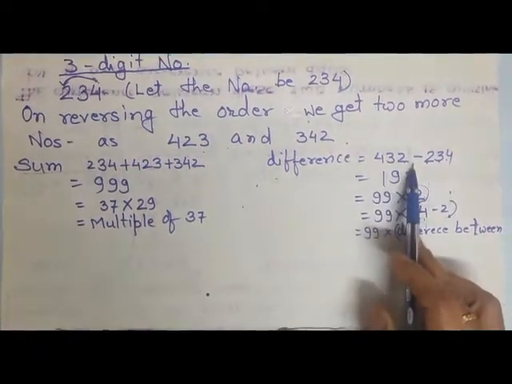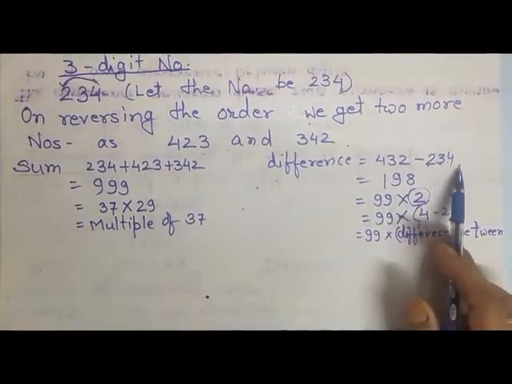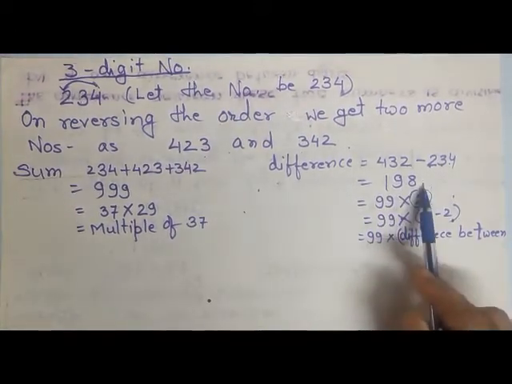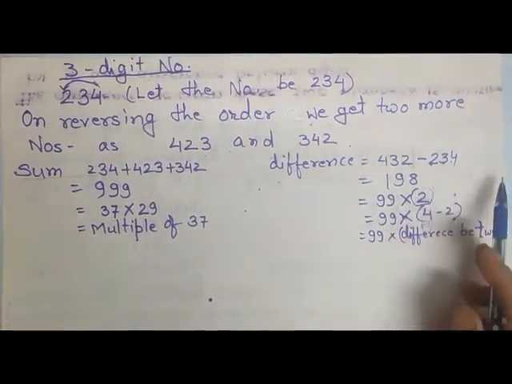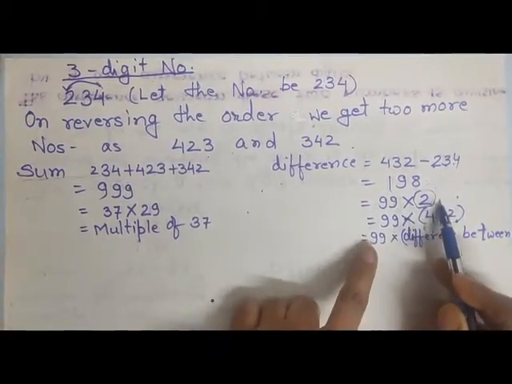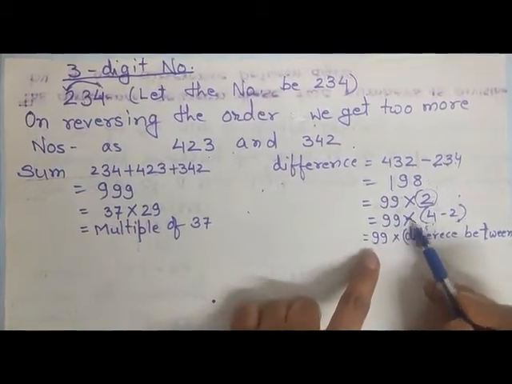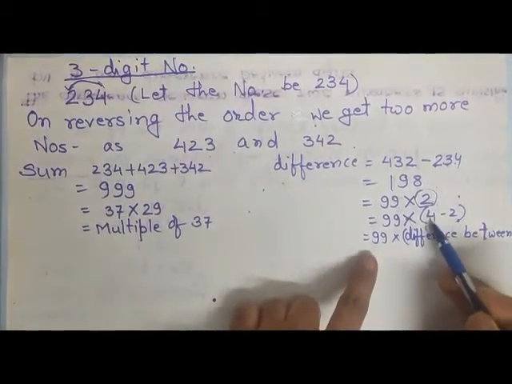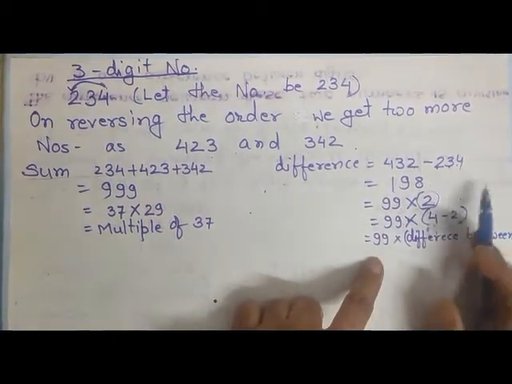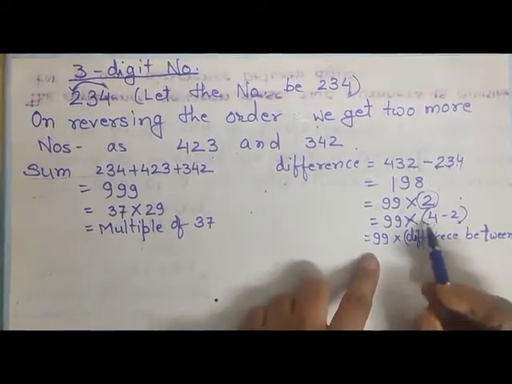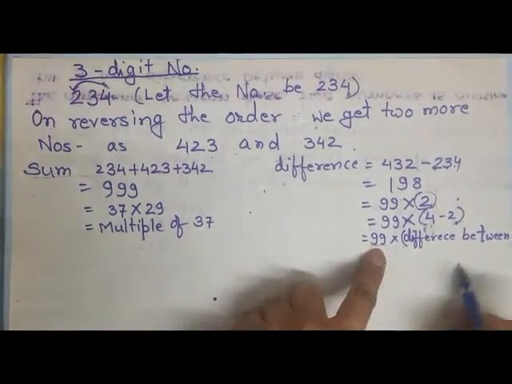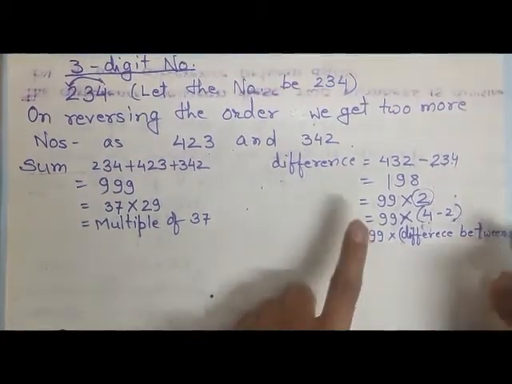When 432 and 234 are subtracted, the difference is 198. If we factorize 198, we get 99 into 2. It means 99 into 4 minus 2, where 4 and 2 are the first and last digits of the number. So the difference is divisible by 99 and also by the difference between the first and last digits of the number.